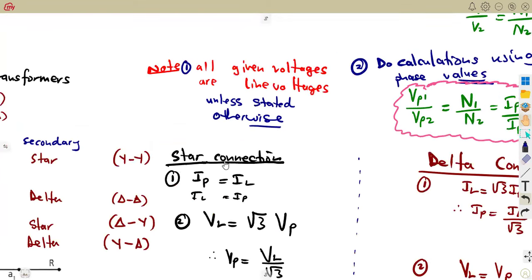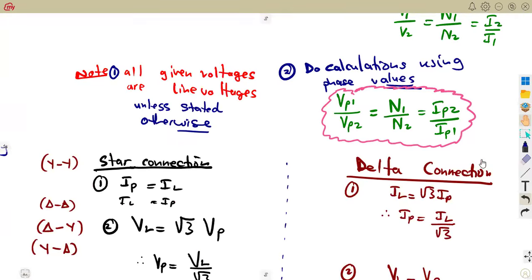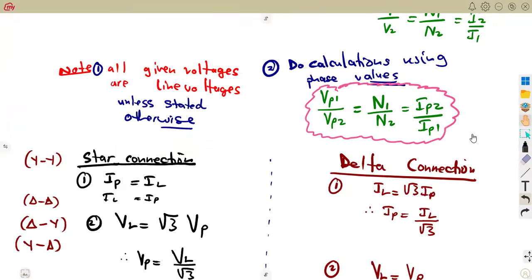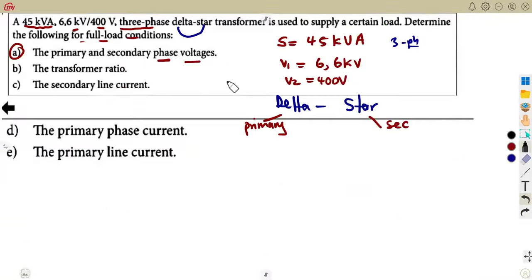So the voltages that we are already given on this question, V1 and V2, are line voltages. We just need to convert them to the phase voltages of the primary and secondary.